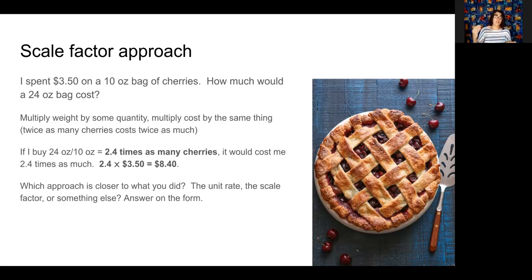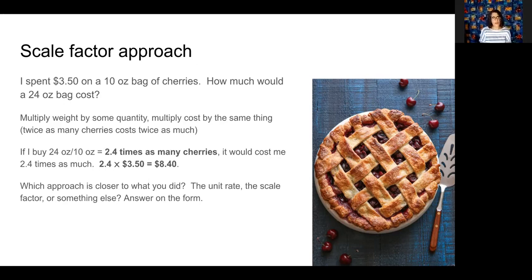So I must have to pay 2.4 times as much. So if I take the cost of the 10-ounce bag and multiply this by 2.4, I would get the cost of the 24-ounce bag, $8.40. And notice I never figured out the cost per ounce. I did a very different calculation here, but I got the answer. It's the same answer, which is good because there's only one right answer. There's just two different approaches to getting it.